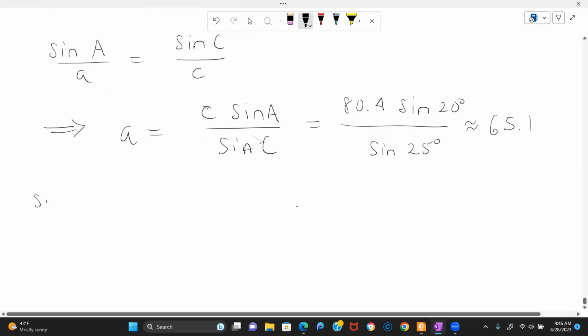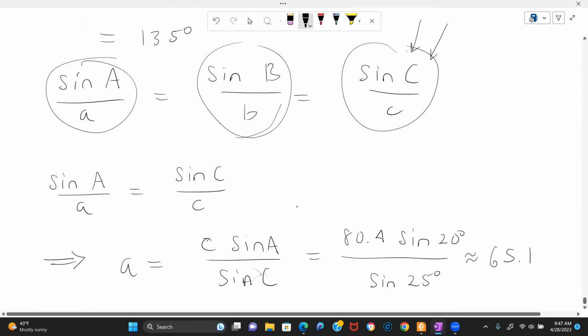And then similarly, we can solve for side B. In this case, we're going to take this whole thing and set it equal to that.